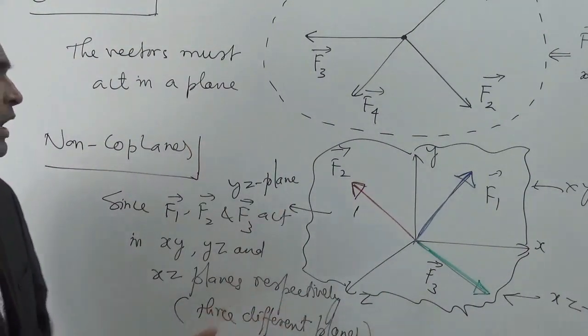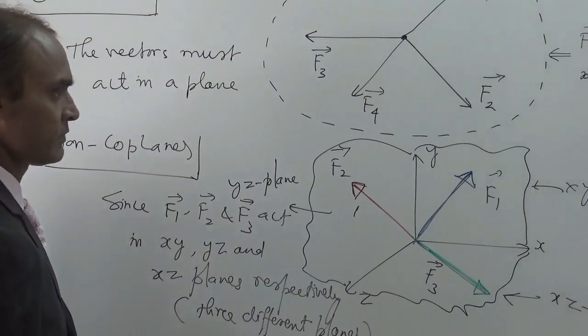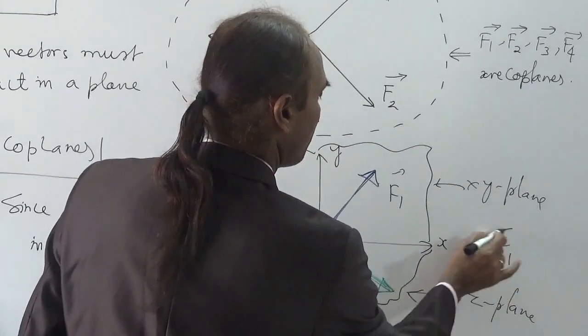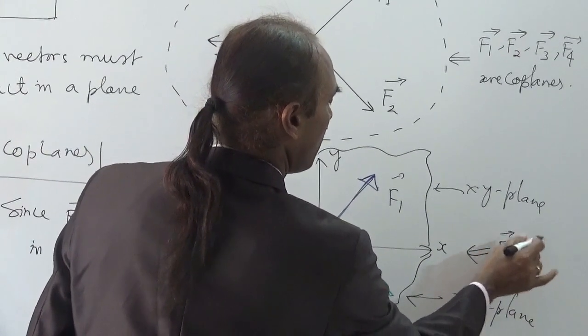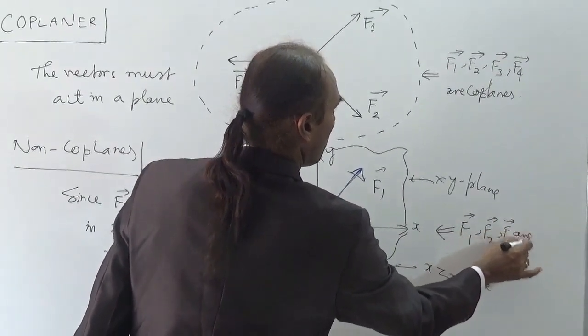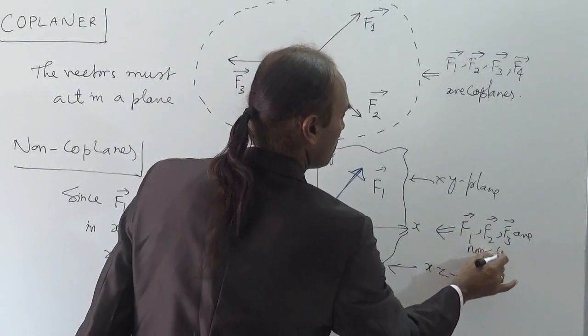We call them non-coplanar vectors. Therefore, F1, F2, F3 are non-coplanar.